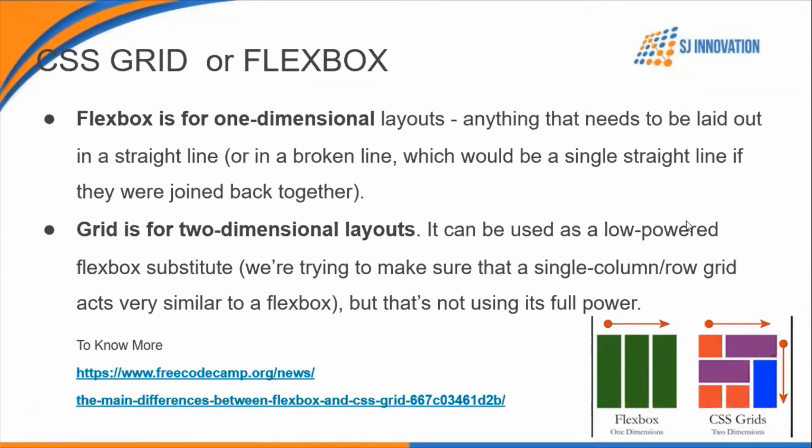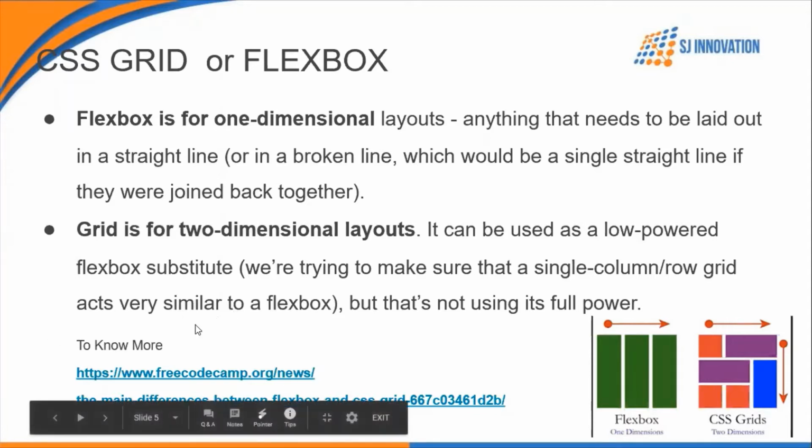On the other hand, Grid works in columns and rows at the same time. That is the big benefit of CSS Grid that is not possible with Flex. If you want to know more about the differences, you can check the link below.